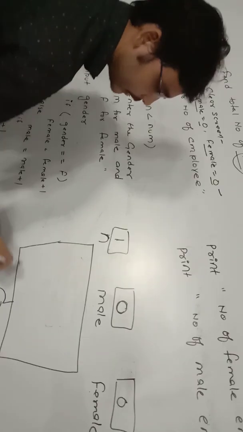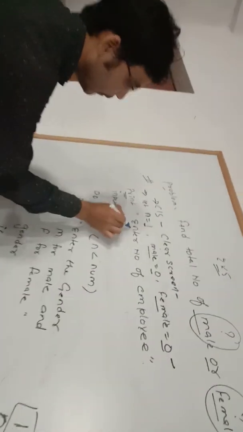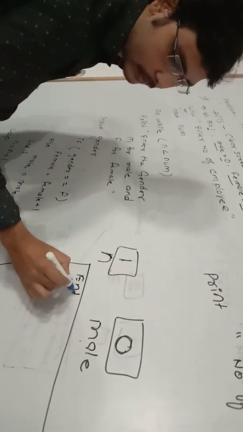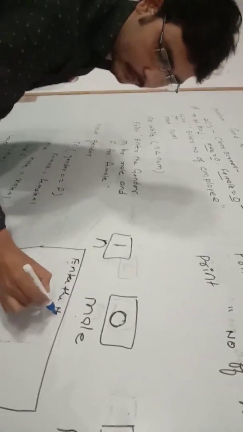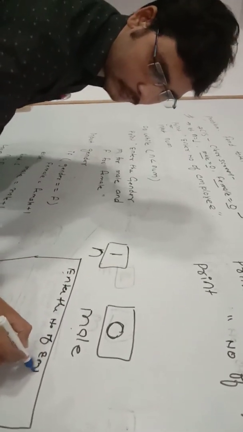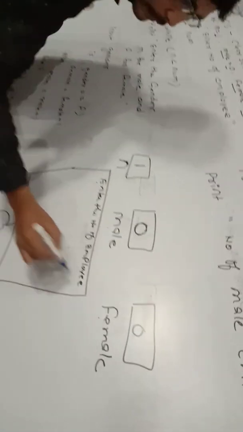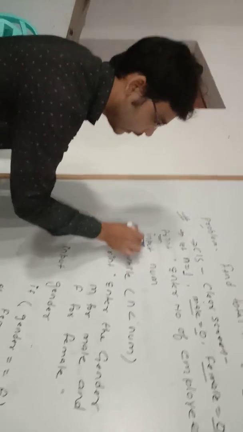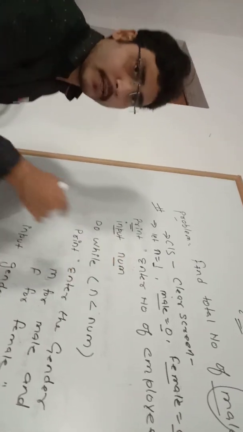Suppose this is your computer screen, and the first print command is enter the number of employees, so it will be shown here. After it you take the input num, whatever number the user gives.